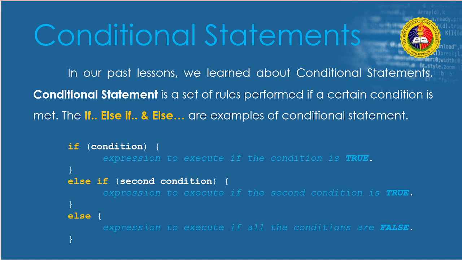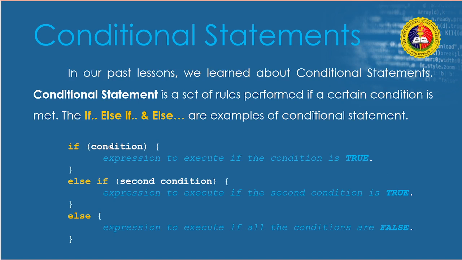For us to create a condition, we have to use either the relational operator or the recently discussed logical operator. To write an if statement, we write if and then the condition, and if this condition is true, this block of code will be executed.